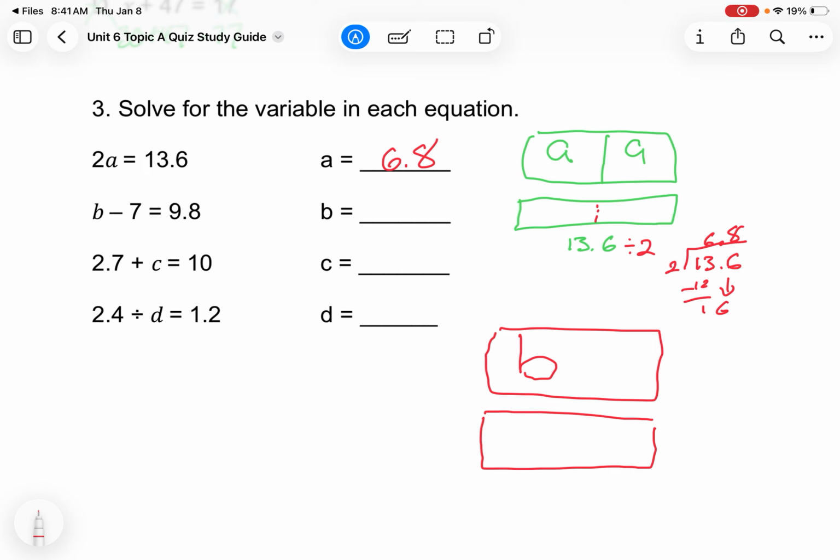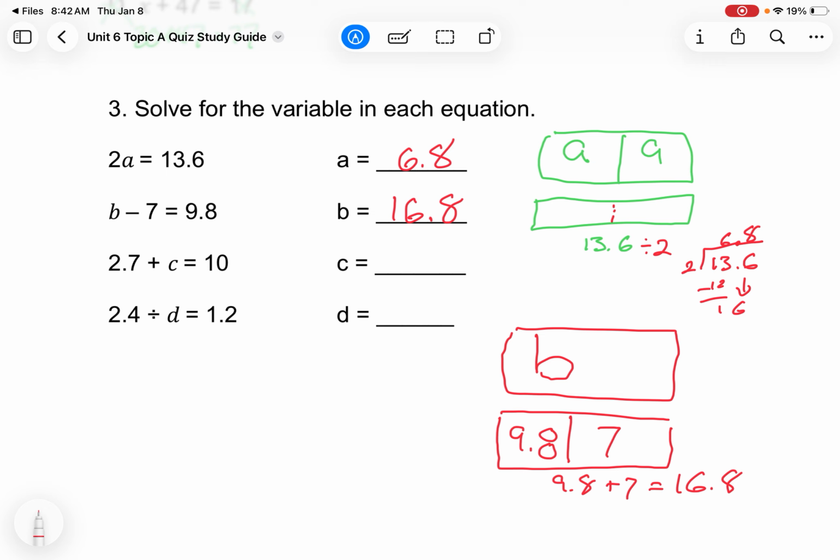So that means that 9.8 and 7 are B. So that's 9.8 plus 7. 16.8. Because we're just answering, what can I take 7 away from to get 9.8?